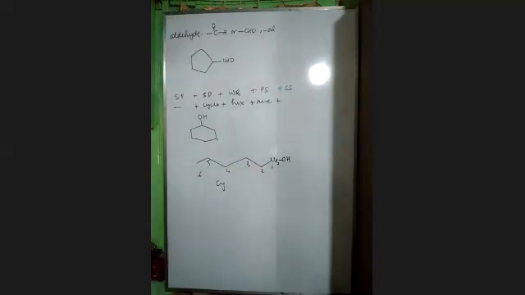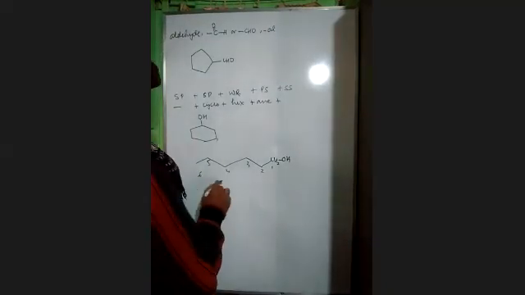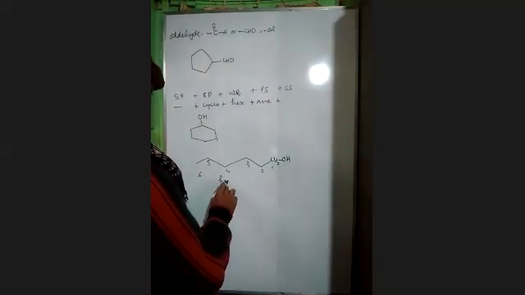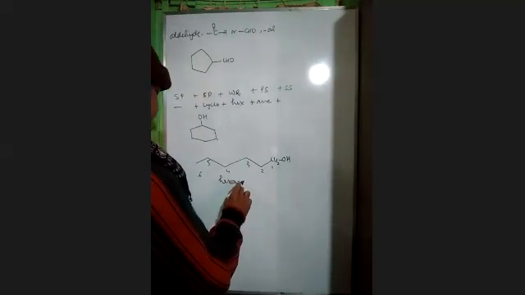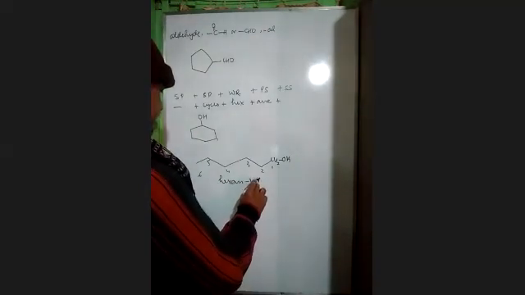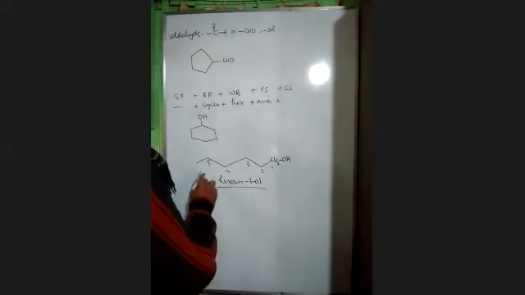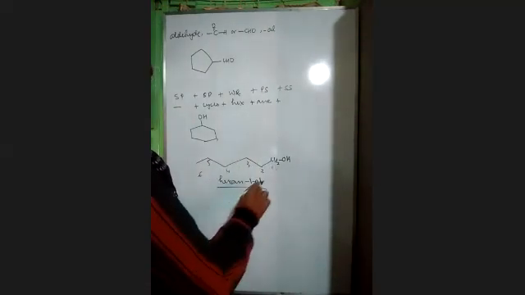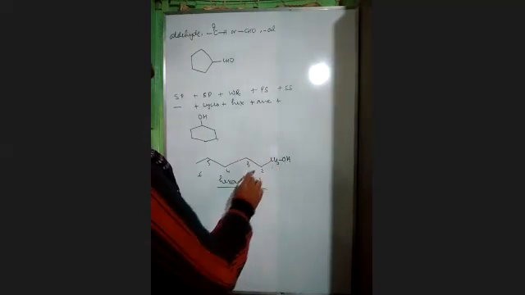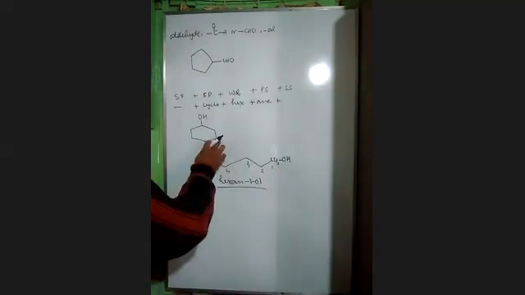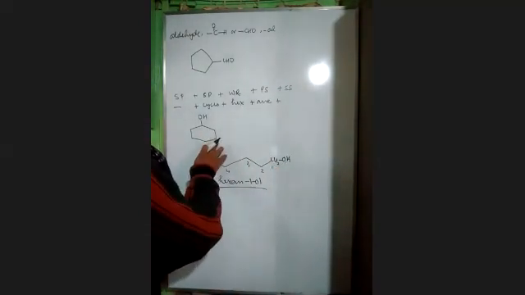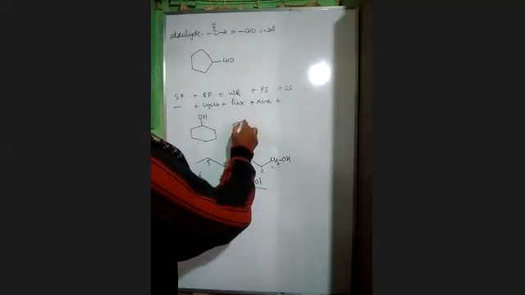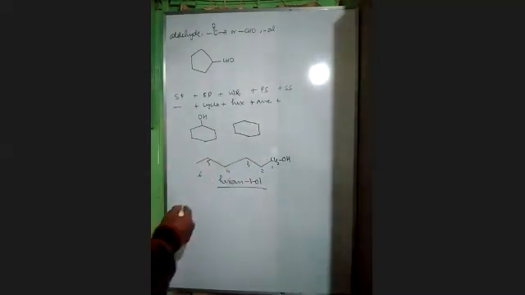We write the name as hexan-1-ol: 6 carbon hex, no double bond, ane, and this is the first carbon, we have the OH group, so we write ol. But in a cyclic molecule, do you know which is the first carbon?